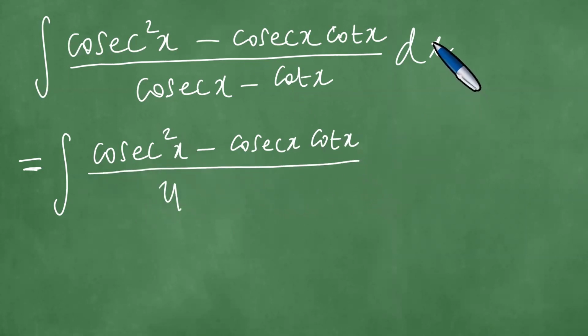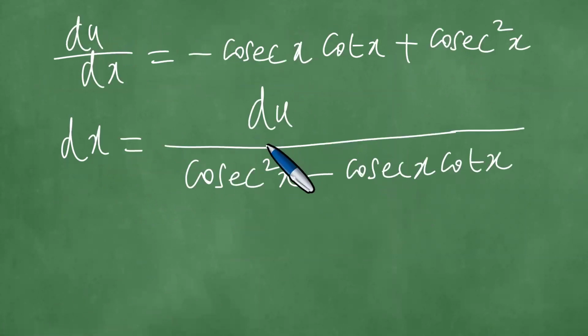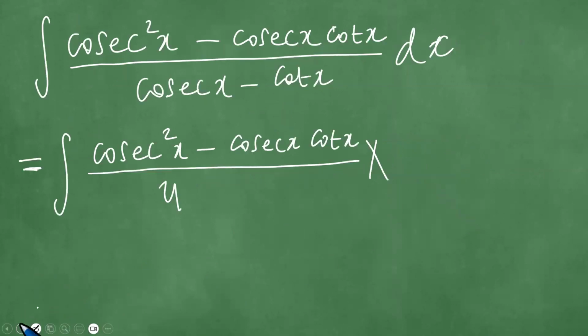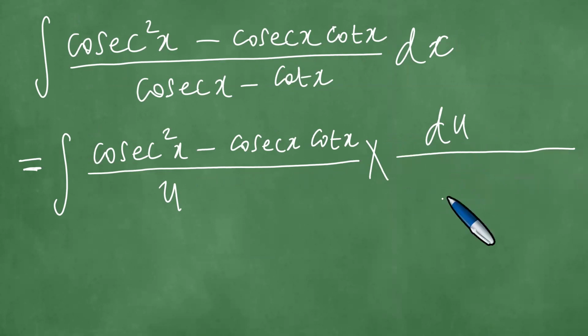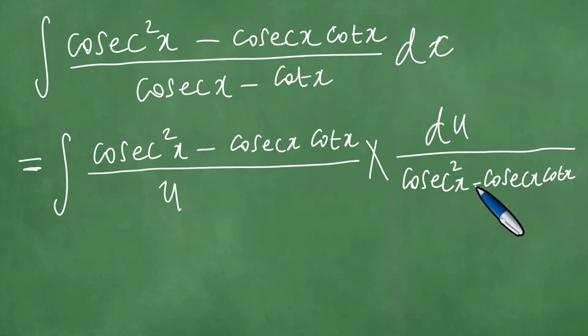And then now, what is dx? Right, so we take dx from here. dx is du over cosecant squared minus cosecant of x times the cotangent of x. So we put here du divided by the cosecant squared minus the cosecant of x, the cotangent of x, like so.